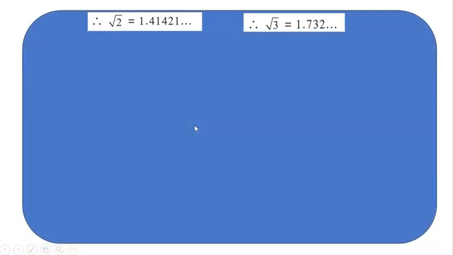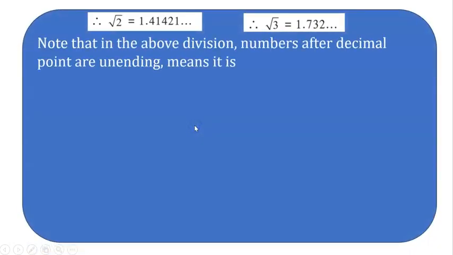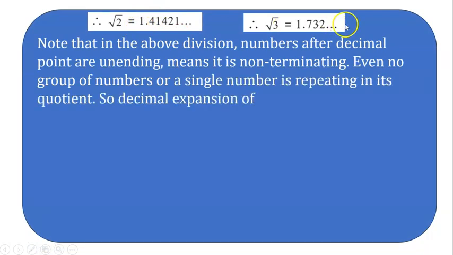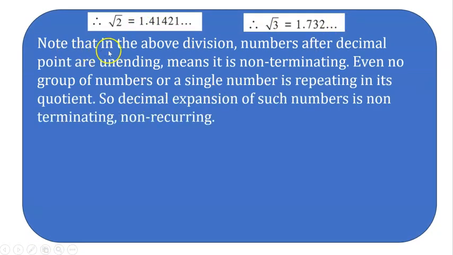Okay. And this type of division is non-terminating and non-recurring. Note that in the above division, the numbers after the decimal point are unending, means it is non-terminating. Even no group of numbers or a single number is repeating in its quotient.